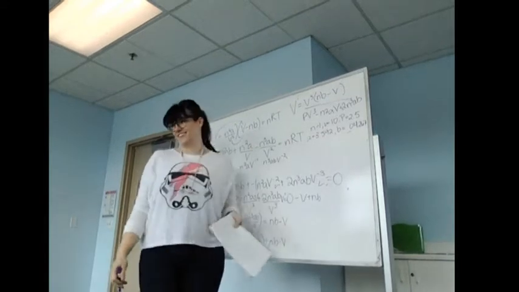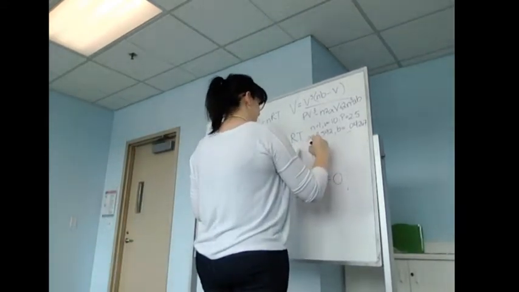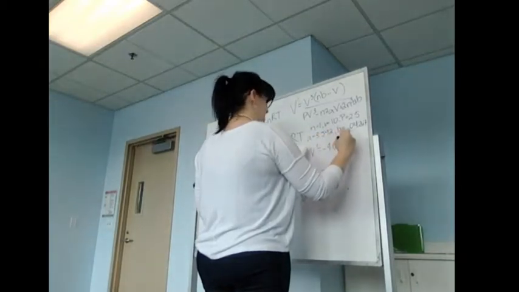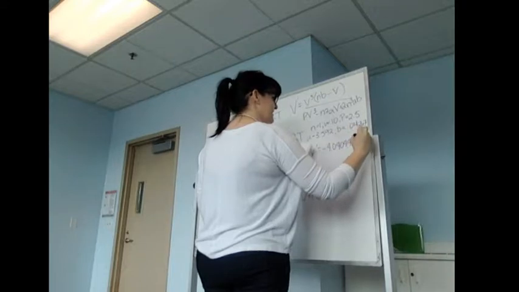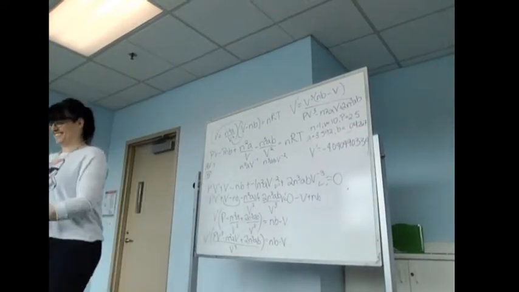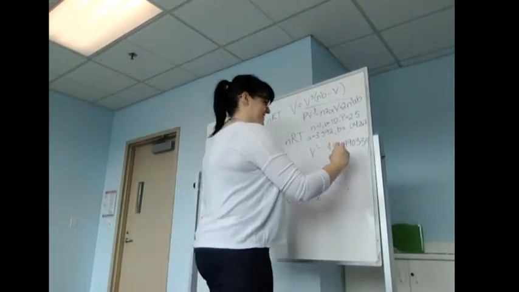Plugging that all into your calculator, you get that V prime is negative 4.0404903334. Did it! Liters per atmosphere.